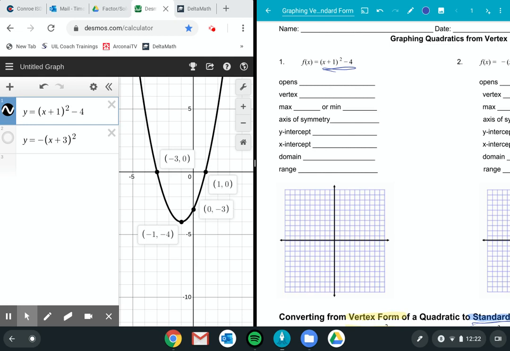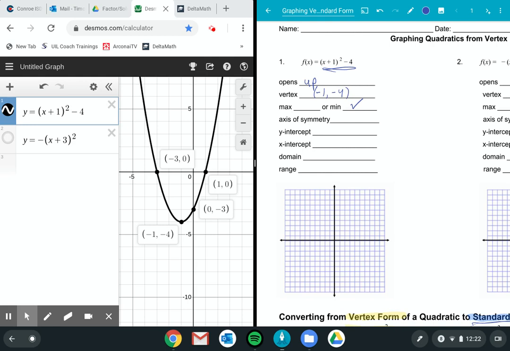So looking at this, it obviously opens up. The vertex, which is always the bottommost or the topmost point, is -1, -4. And being that it opens up, my vertex is at the bottom, which means it's a minimum. And I'm just going to check that box to tell you it's a minimum.